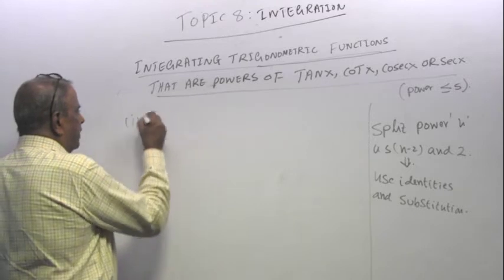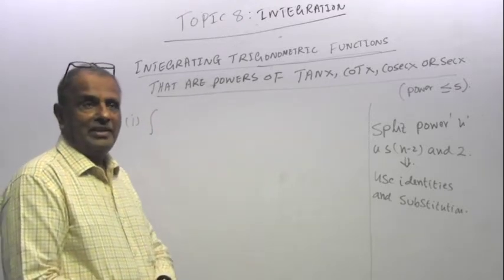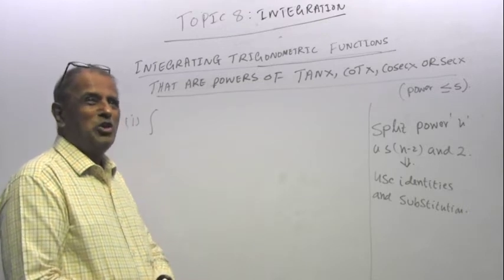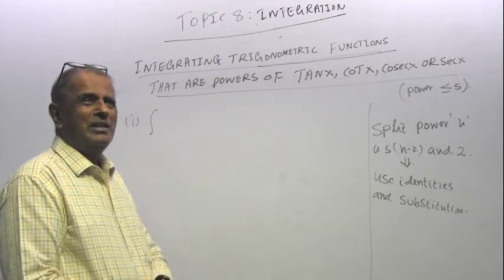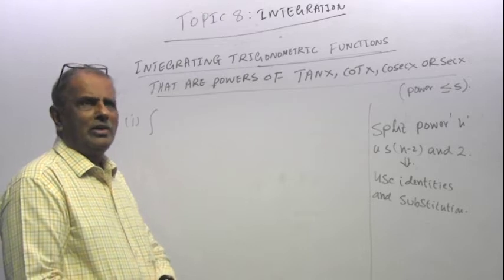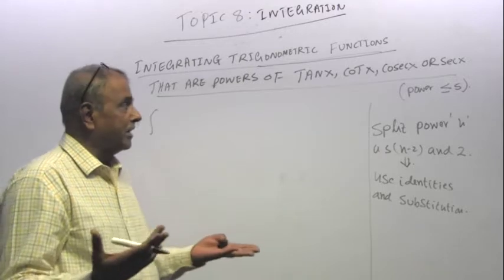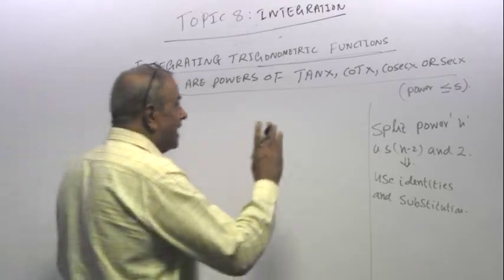Let's take the first example. What do you want? Sec, cosec? No, even powers of sec. Sec cube can't be done. Sec squared and sec, then you can't do it. It's any power more than 3 for sec.